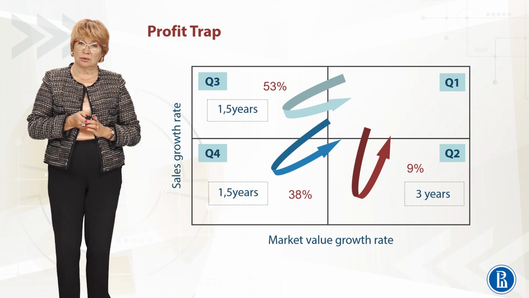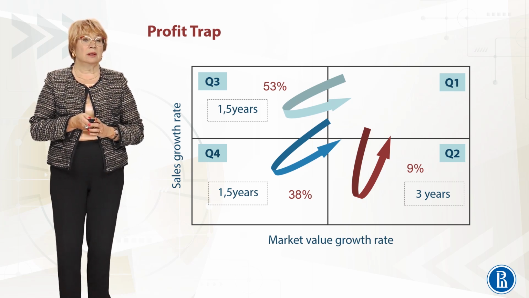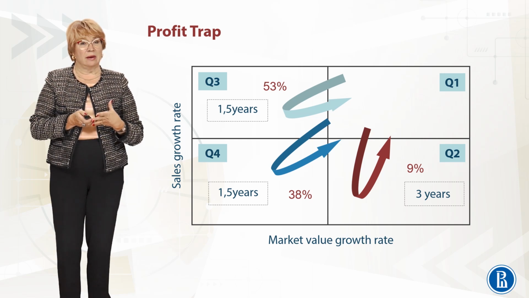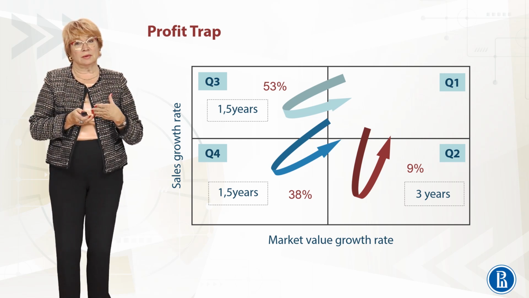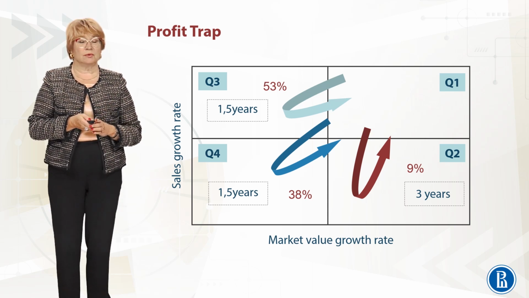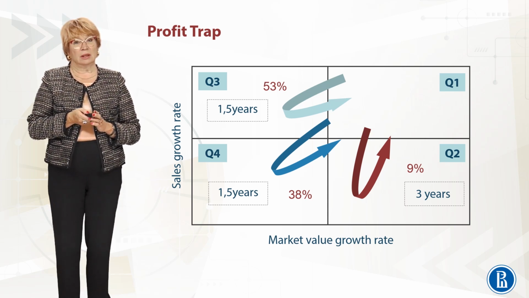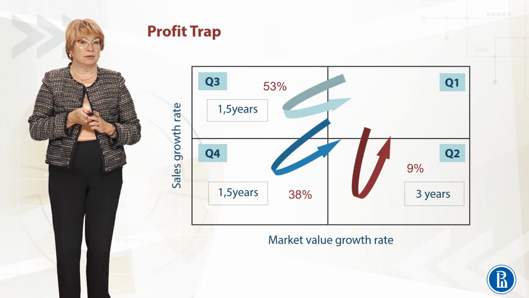The question number 2 and the solution number 2 is also here in that slide. How many years did it take the companies which moved from Q1 to different segments of this matrix to get back? Now we see also a very interesting result.